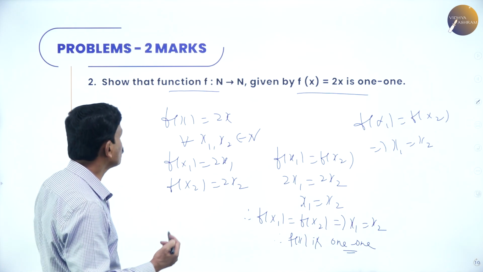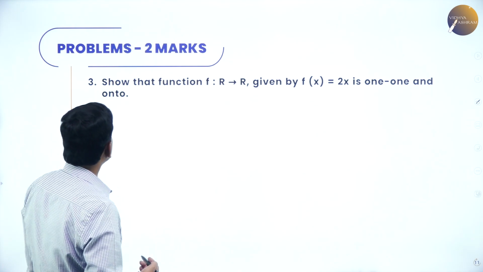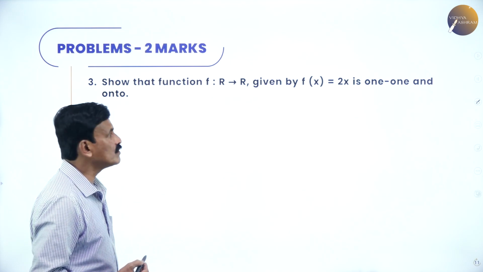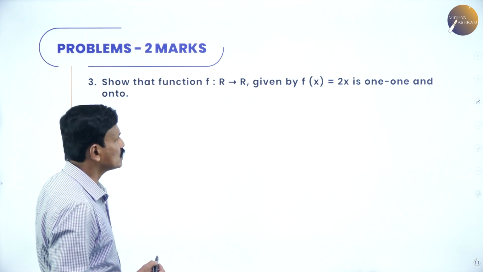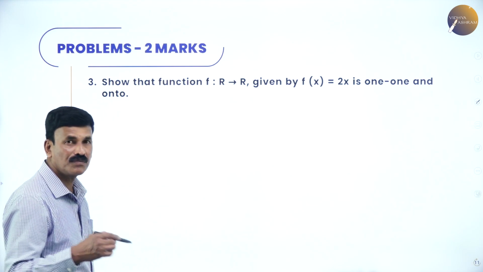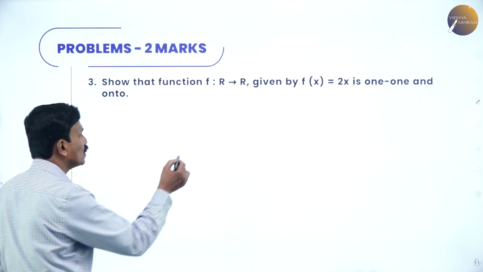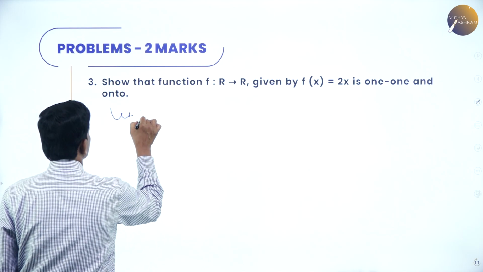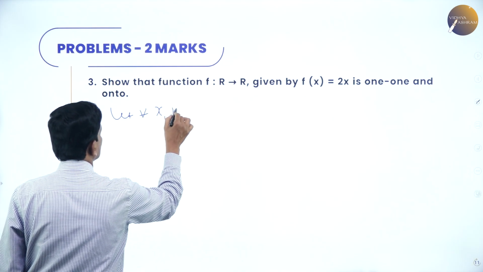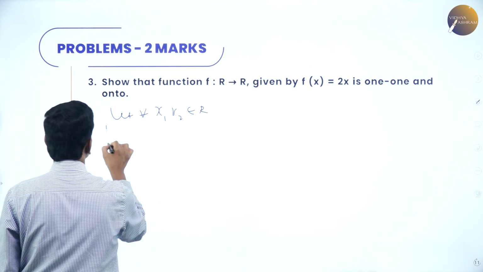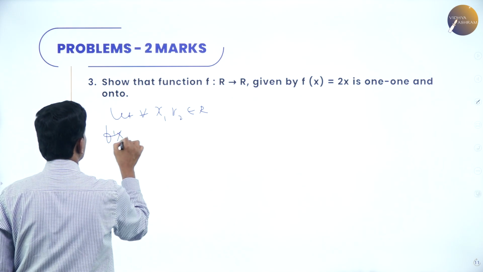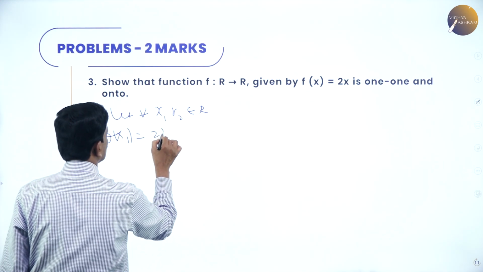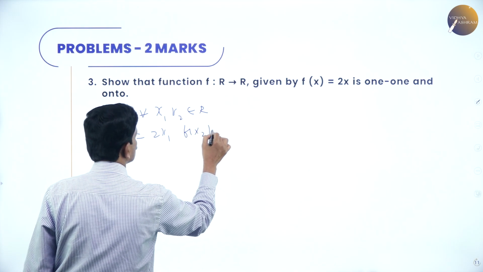Now let us take one more problem like this. Show that the function f from R to R given by f(x) = 2x is one-one and onto. Now we have to verify whether it is both one-one and onto. As usual, let for all x1, x2 belongs to R, f(x1) = 2x1 and f(x2) = 2x2.